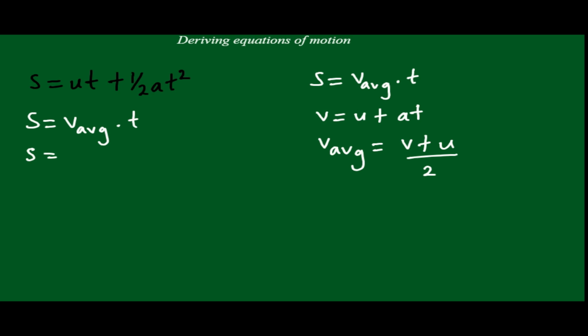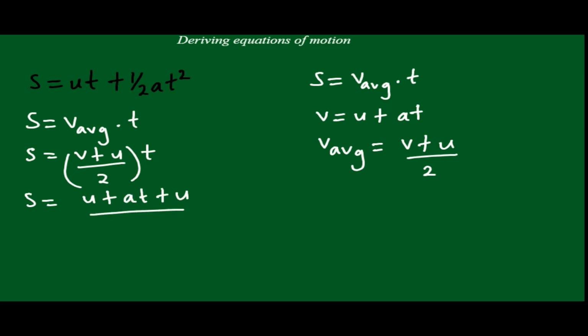What is our average velocity? v plus u over 2, by time. But we know that v is equal to u plus at, so we have u plus at plus u over 2, by time, and this becomes u plus u. We get 2u plus at, by time.